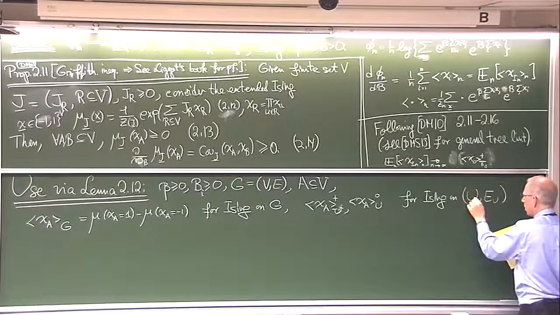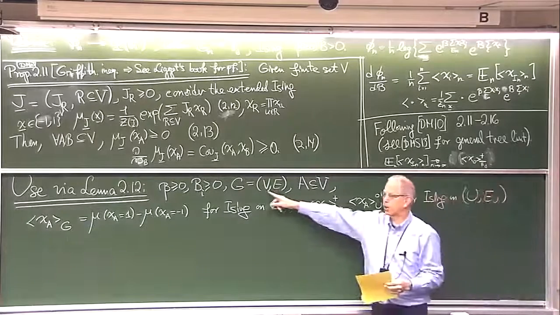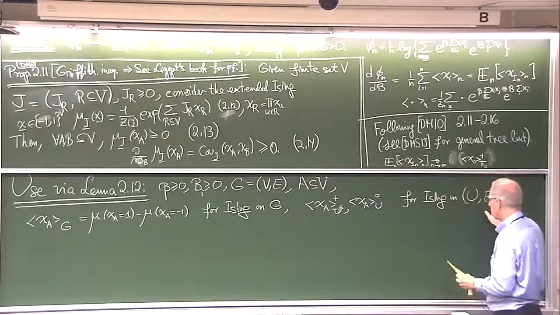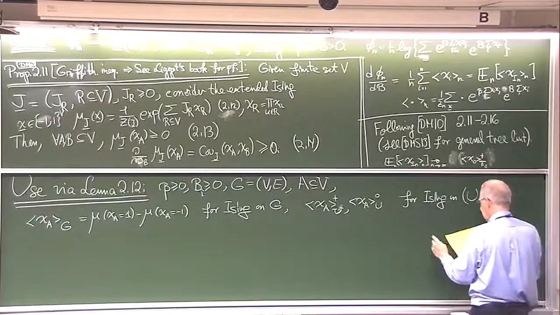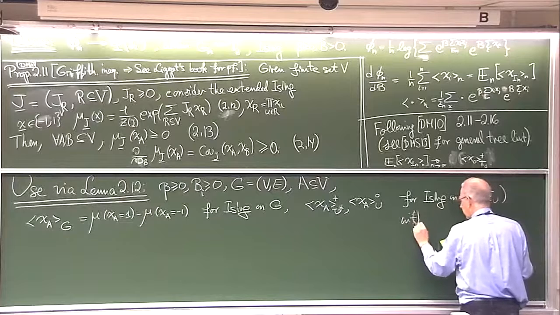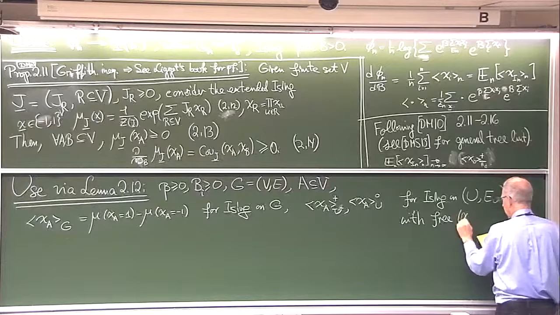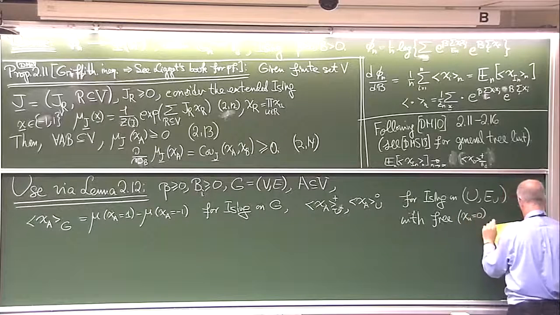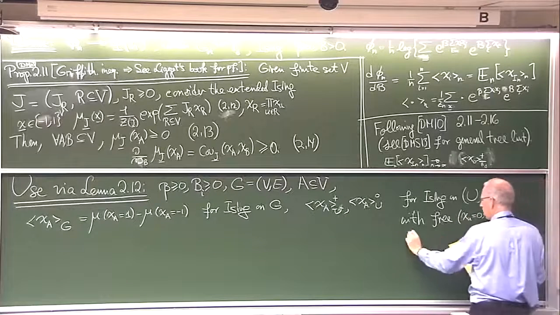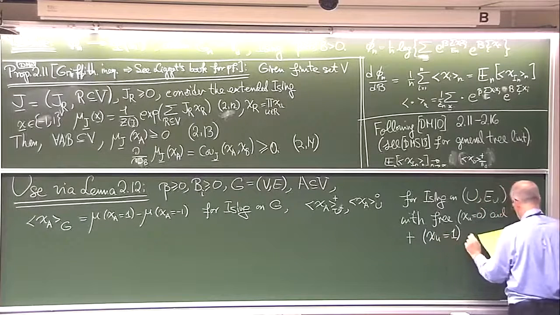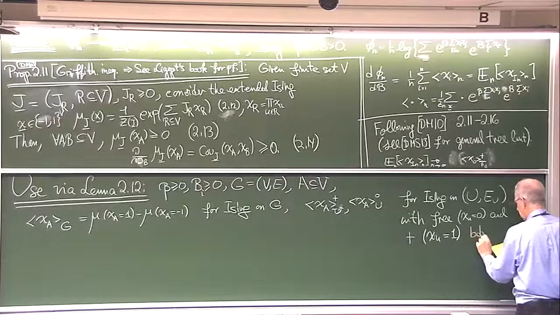U is a subset of V, like in the picture I gave you in the slides. So you take some subset of V, you look at the edges inside, and what you put is x equal to 0, and plus, x equal to 1, and boundary condition.